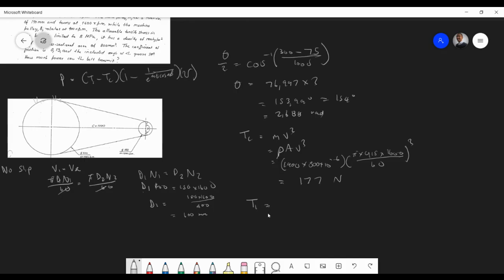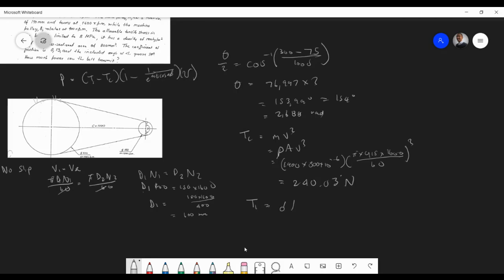Nope, I got a different answer. Let me just check. Oh, the density is wrong. They use a different density here. That's why. Okay, so 240. You guys get that? Yes, sir. Okay, there we go.